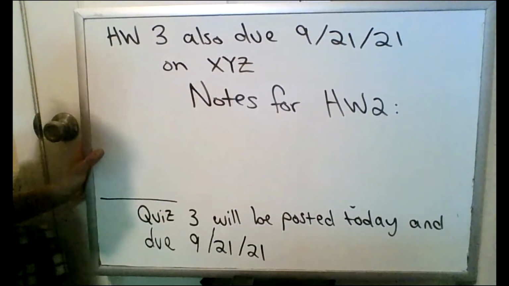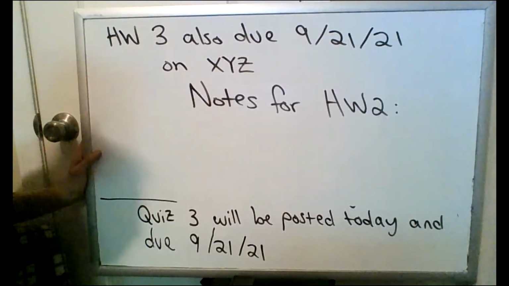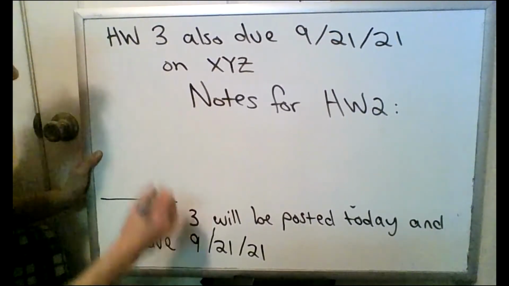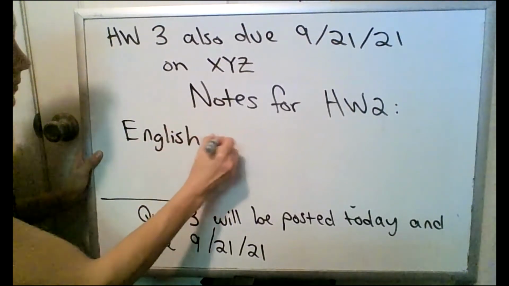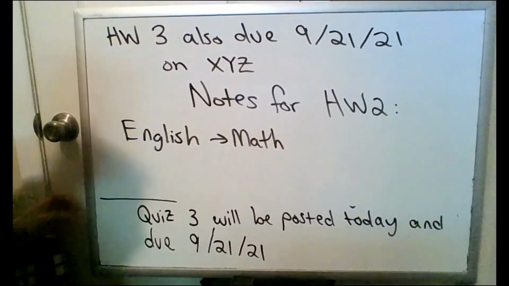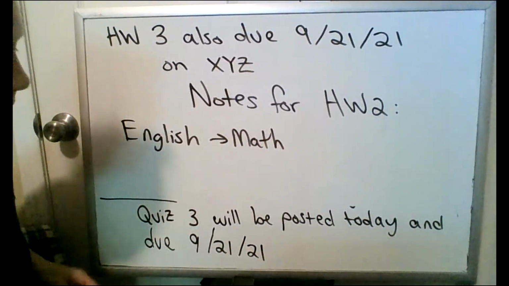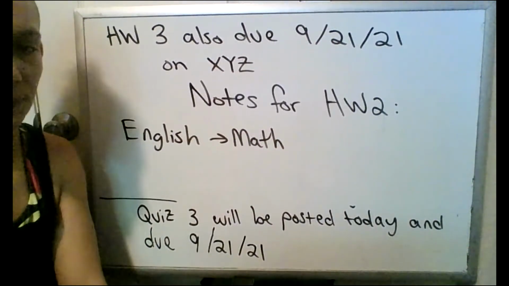Okay, I'm also going to show you a table for translating from English to math. And I can also show you where past meetings are. So past meetings are in the modules on Canvas.